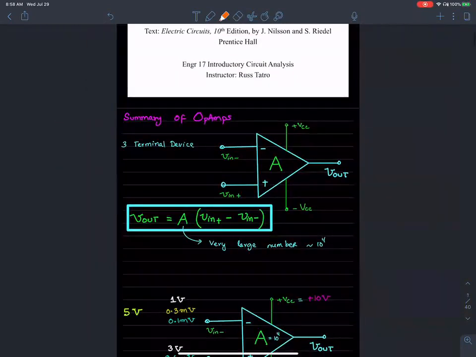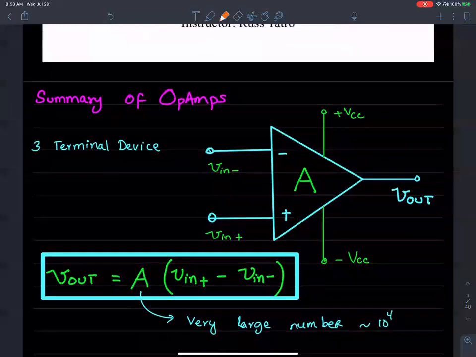Okay. So we started looking at the operational amplifiers, a brand new device. It's a 3-terminal device. Its basic characteristic is that it takes two power supplies, a positive power supply and negative power supply, and it has two input signal terminals, V input negative and V input positive.